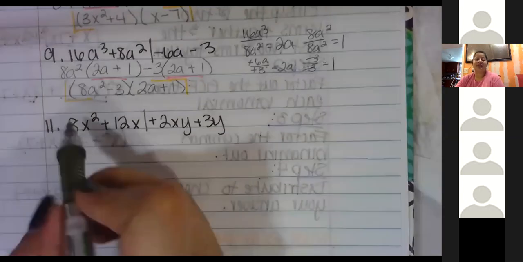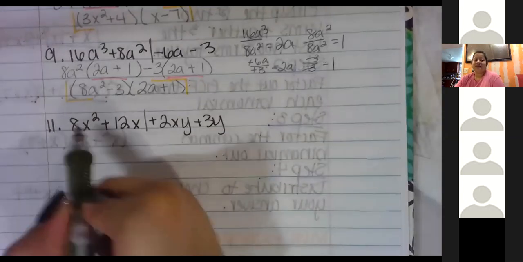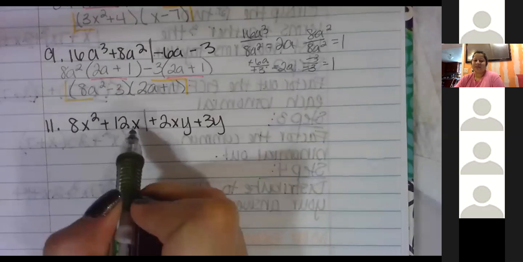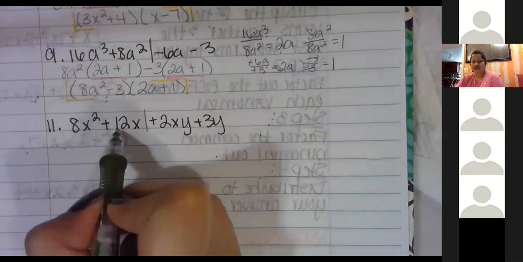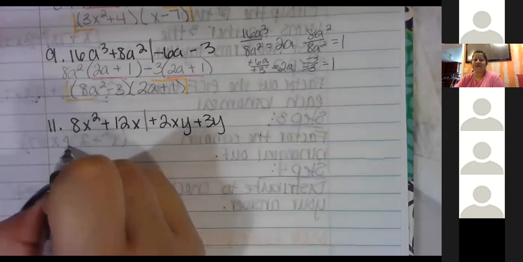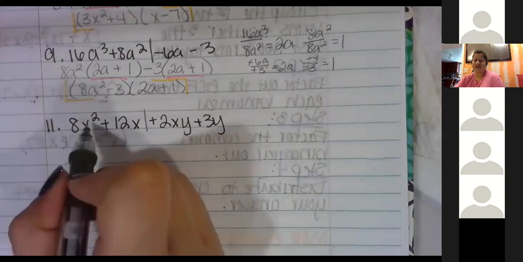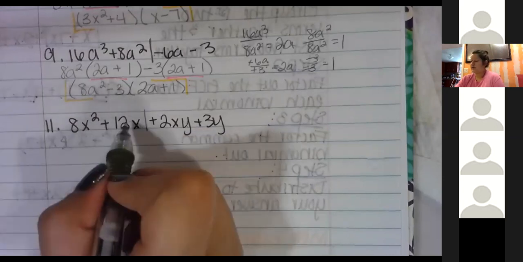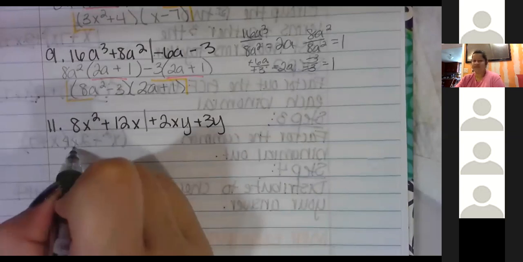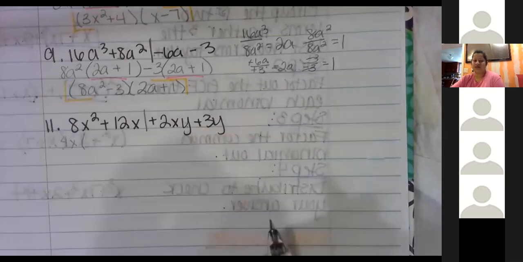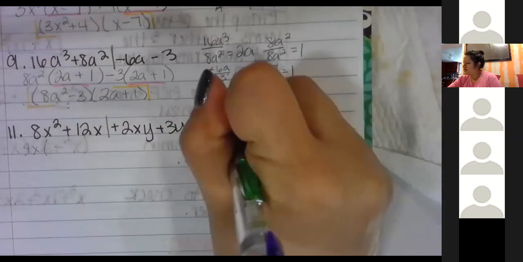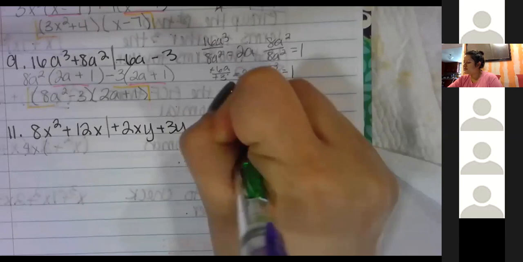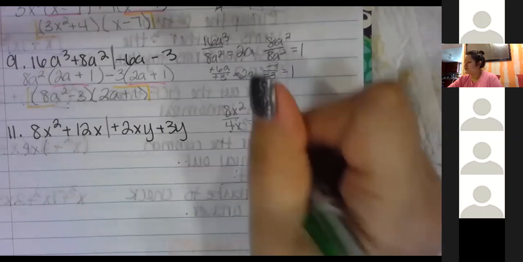All right. 8 does not go into 12, but the next factor of 8 would be 4. 4 goes into 8, 4 goes into 12, so we're going to be factoring out a 4 from there. We have x squared and we have x, so you're going to factor out the smaller of those two, which is just x. And then 8x squared divided by 4x. 8 divided by 4 gives you 2.